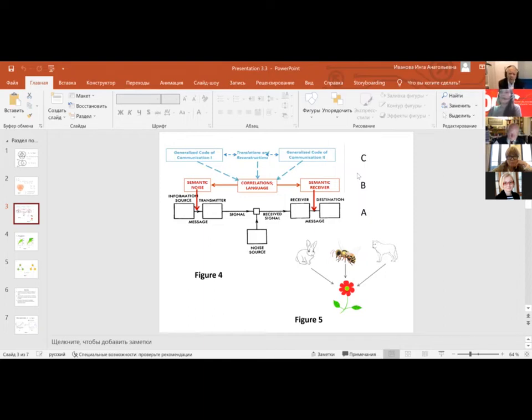That's why the same information could be understood in different ways. It's like in this picture, we have a plant and different animals, and these different animals consider this plant in different ways. It depends on their own enzymes. All of them have their own enzymes and they're totally different.